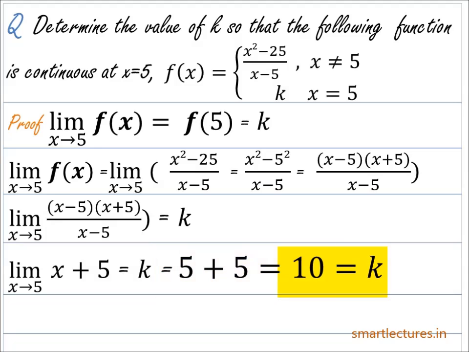So that means the value of k for which the given function f of x, given by x square minus 25 upon x minus 5 where x is not equal to 5 and f of x is equal to k when x is equal to 5, is continuous is 10.